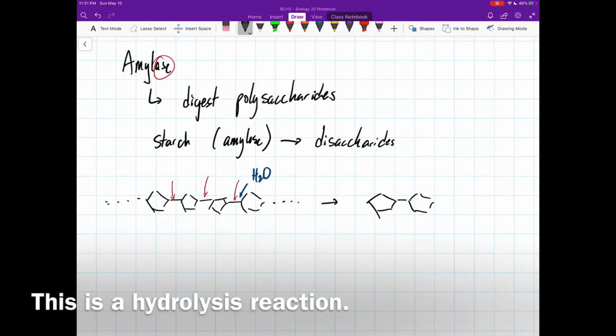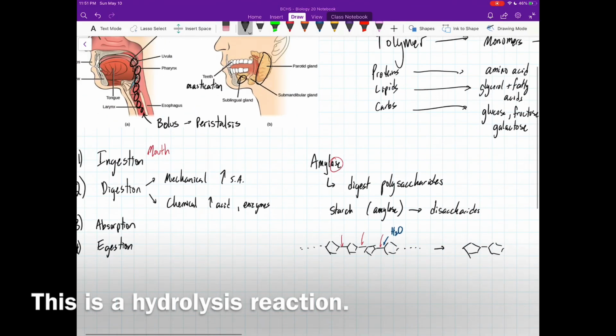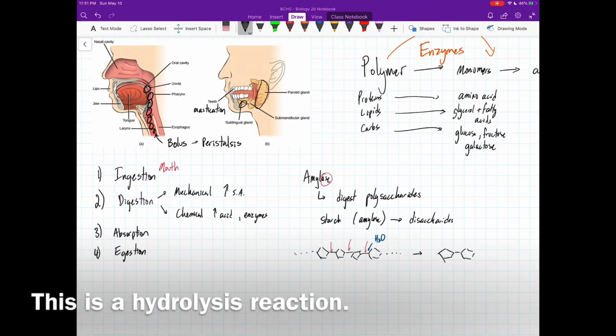Basically it breaks it down. And what's interesting is you sense it all the time. Next time you're eating bread and you put it in your mouth and just let it sit there, like sometimes with crackers, you let it sit in your mouth too long. Eventually the starch gets broken down by amylase and it starts to taste sweet to your tongue.